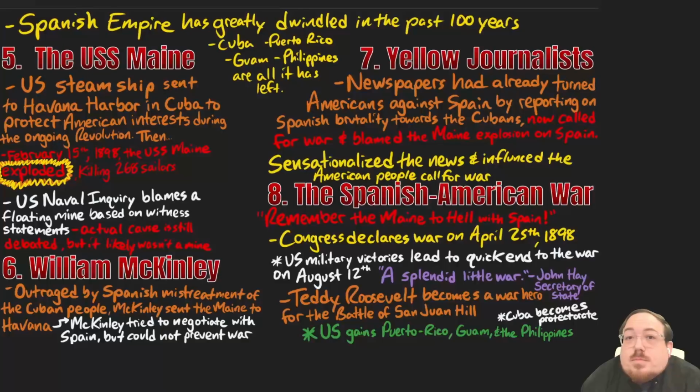And sort of try to push Spain into making sure that our interests aren't messed with at the very least. But what ends up happening is on February 15th, in 1898, the Maine suddenly explodes, killing all 268 sailors aboard.